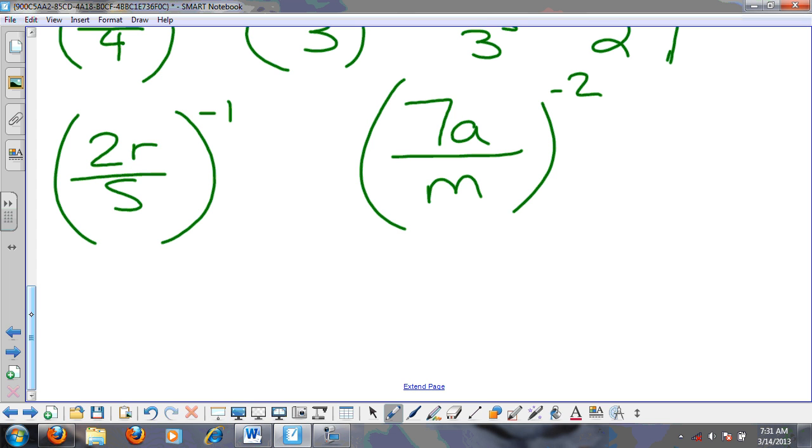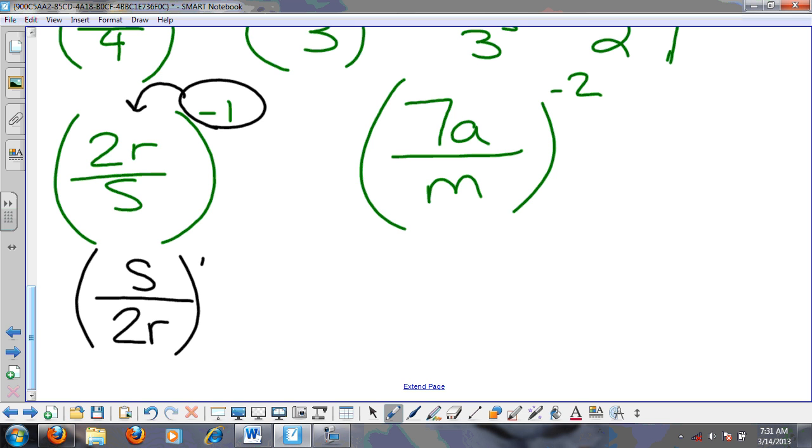Okay? Negative exponent, what happens to this? Becomes the reciprocal. So S over 2R to the 1st power. Well, S to the 1st and 2R to the 1st just becomes S over 2R.